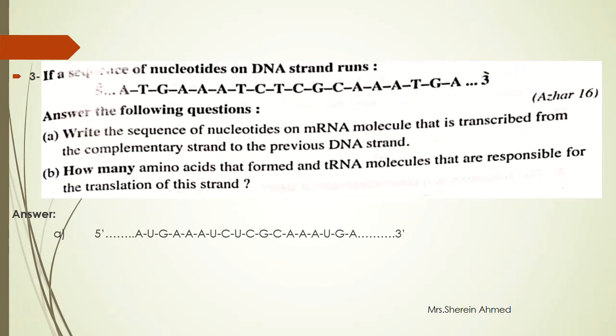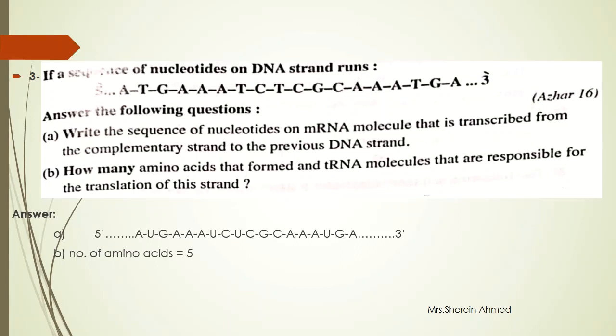It represents a codon for one amino acid. Of course, we are going to observe the last codon, the last 3 nucleotides. They are UGA, which is a stop codon, so we are not going to count them. So the number of amino acids equals 5.